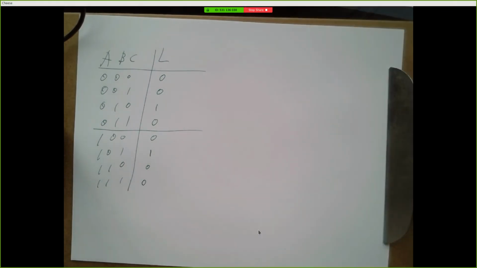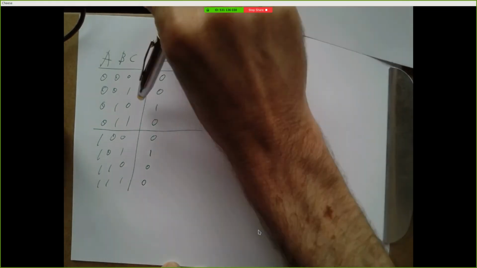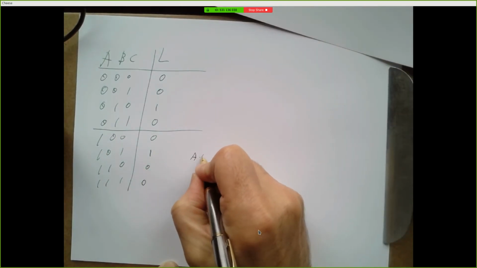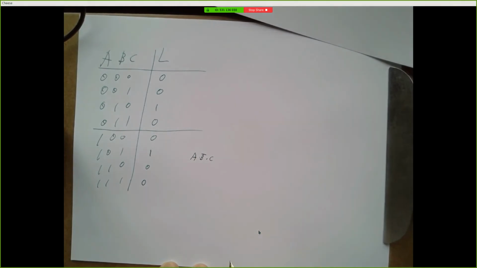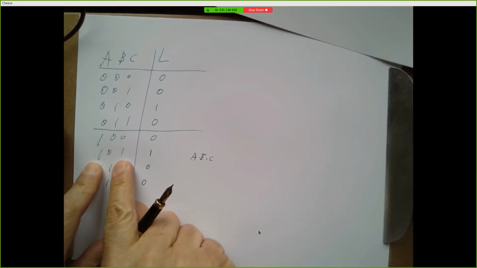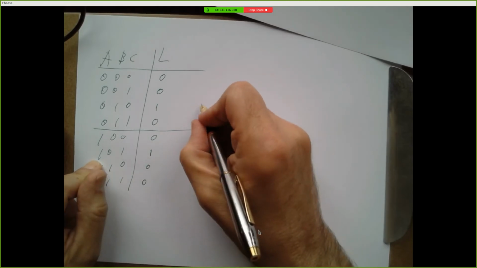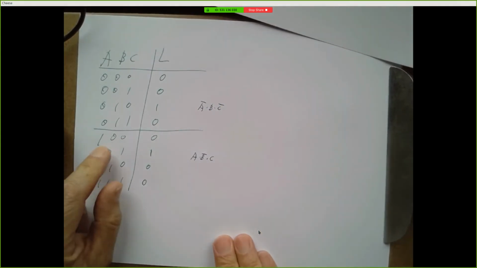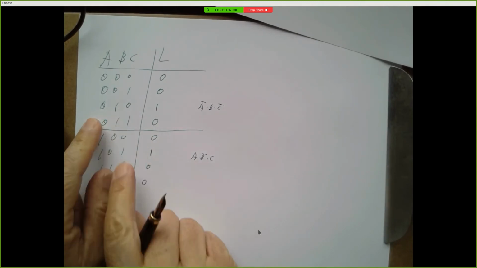Well, like an OR gate. So this is exactly what an OR gate is for, right? We know that if we do A ANDed with B bar ANDed with C, that will output a 1 if ABC is 1, 0, 1. And we know that if we do A bar ANDed with B ANDed with C bar, that will output a 1 if ABC is 0, 1, 0.